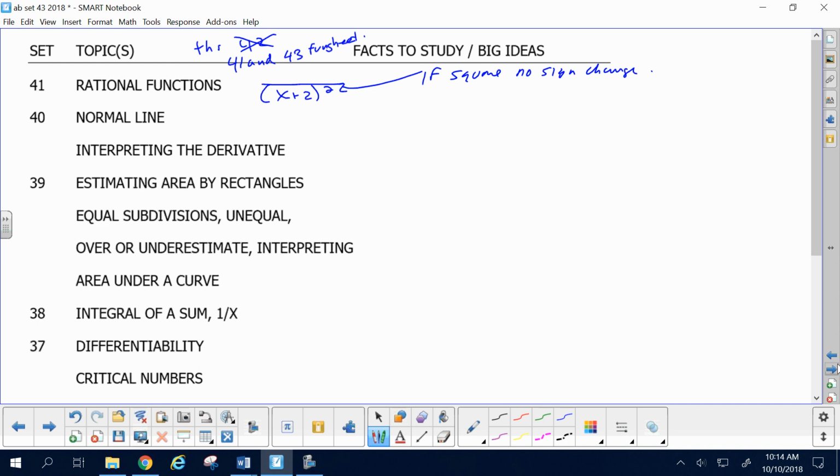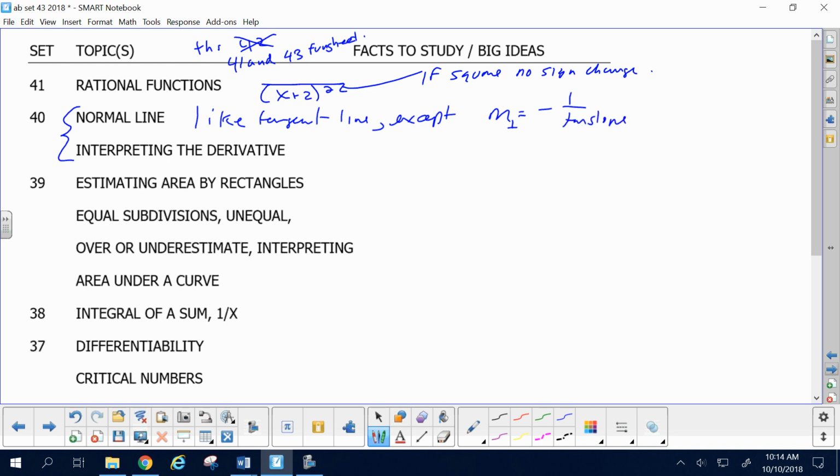Normal line. Step 40 actually had 2 topics. Normal line is like tangent line, except the slope is the opposite reciprocal. The thing I would warn you about is notation.